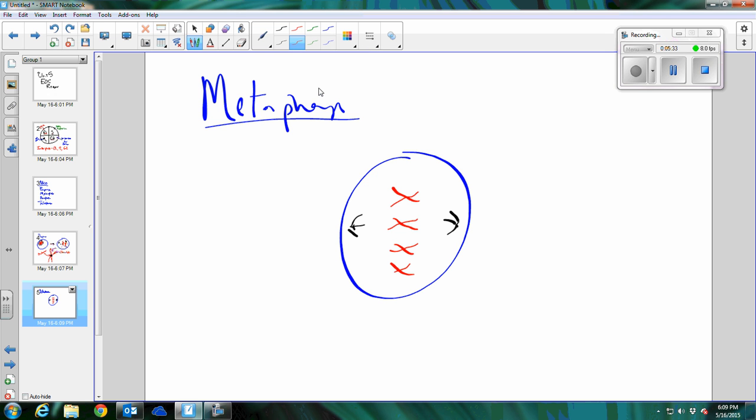All right, and the centrioles connect themselves to these centromeres. They're at the middle of the chromosome with these fibers called spindle fibers. And it's called metaphase because the chromosomes are in the middle of the cell.